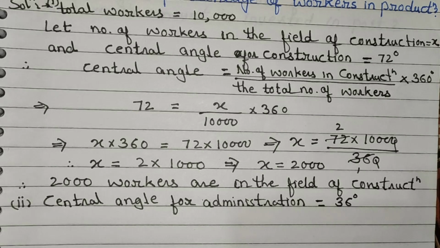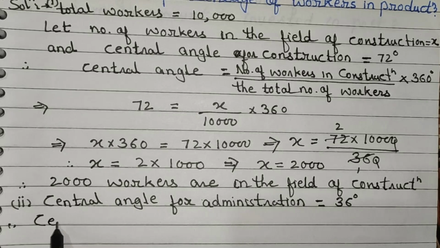Now our aim is to find how many workers are working in the administration. Therefore central angle of the administration is equal to number of workers in administration divided by the total number of workers multiplied by 360.